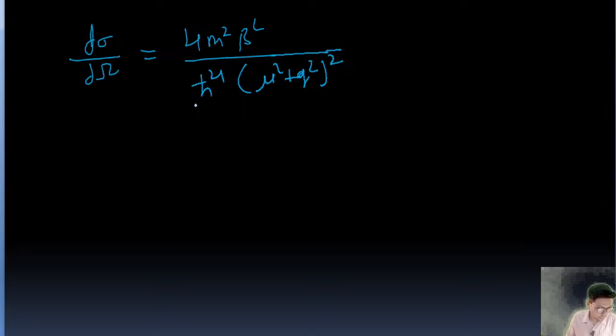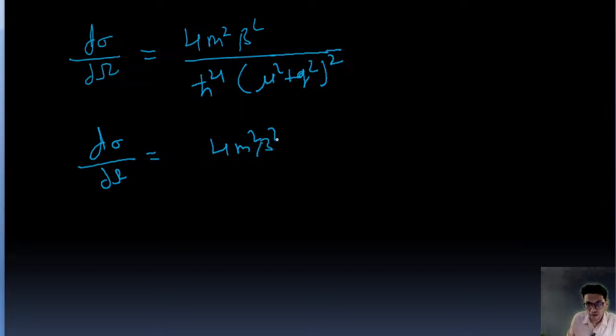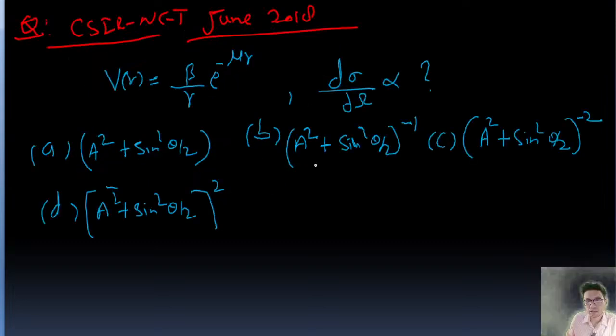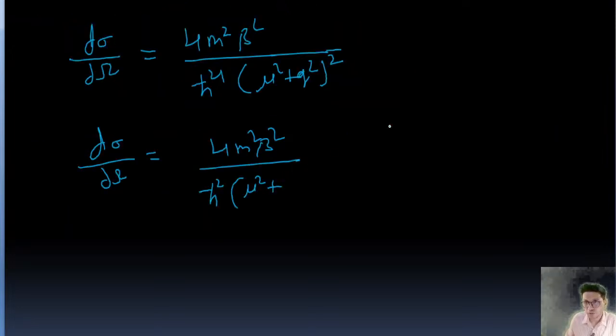So from here d sigma upon d omega is going to be, this is a 5 marks question, guys, so you can easily solve it. This is going to be 4 m square beta square upon h cut square, into mu square plus this q, we will change it because the answer is in sine.